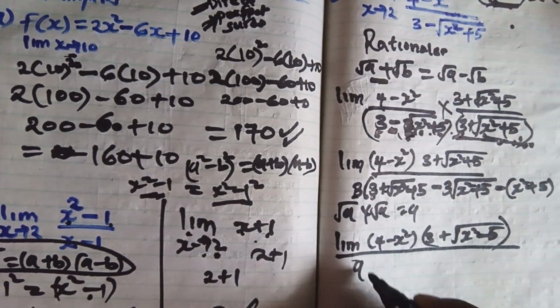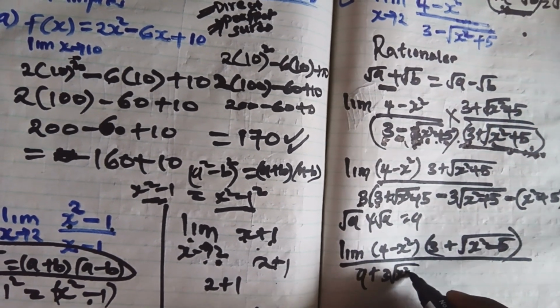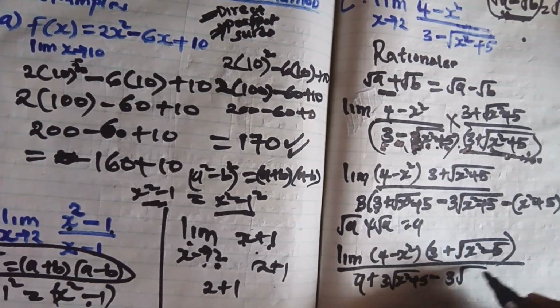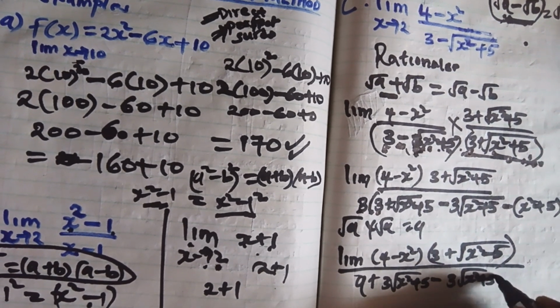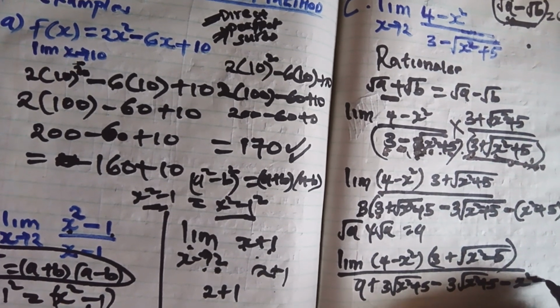This one plus this one will give us plus 3 the root of x squared plus 5, minus 3 the root of x squared plus 5, then minus, this is going to be x squared minus 5.